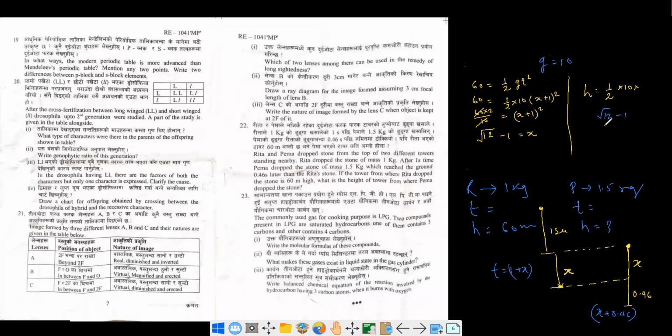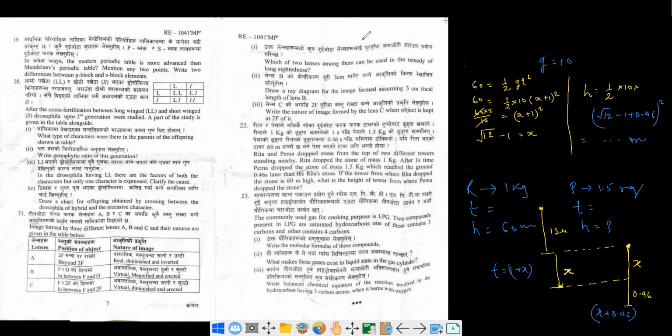The root is only over 12. So s equals 1/2 times 10 times (root 12 minus 1 plus 0.46) whole squared. If we do this simple mathematics, then we can simply get the height of the second tower.